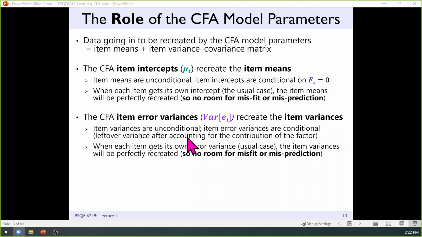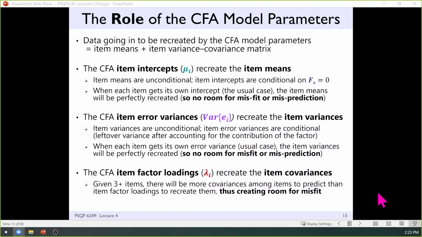So the same exact idea of y equals t plus e is at work here, except that we have a multiplier in front of t. So the total variability in each of these item responses is going to be partly due to the factor, and then e covers whatever's left. So it can change to whatever value it needs to get back to the original item variance. So those won't be wrong either.